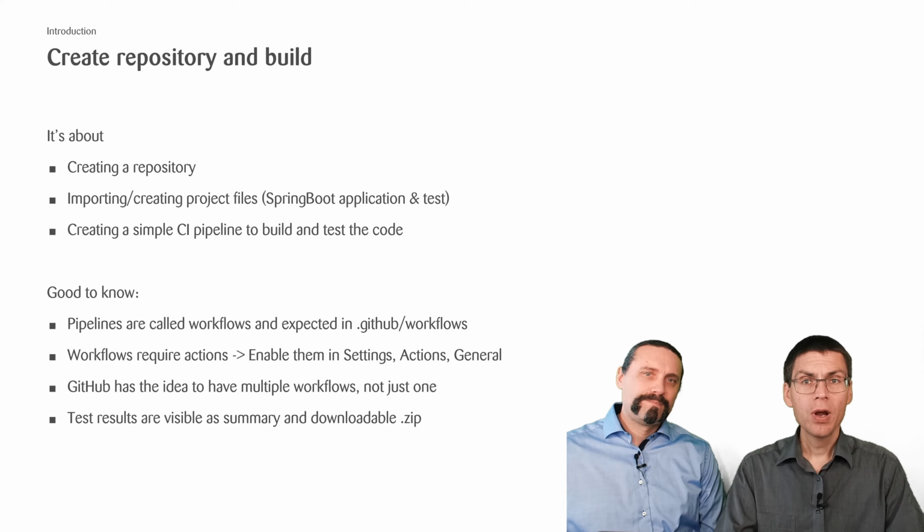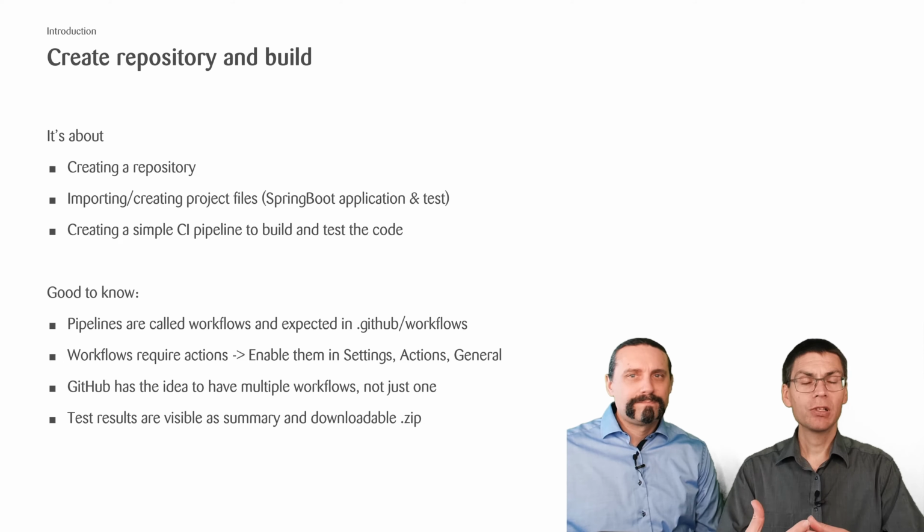It's good to know that GitHub calls pipelines workflows, and they are defined in a directory called .github/workflows. As our workflows will require actions, we will have to enable actions in settings.